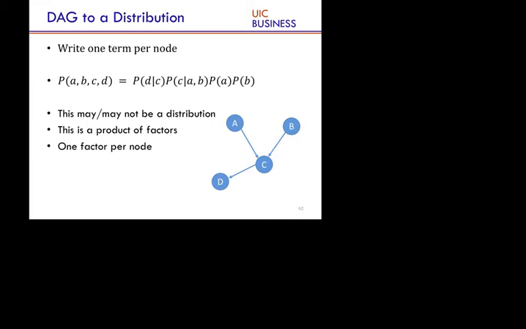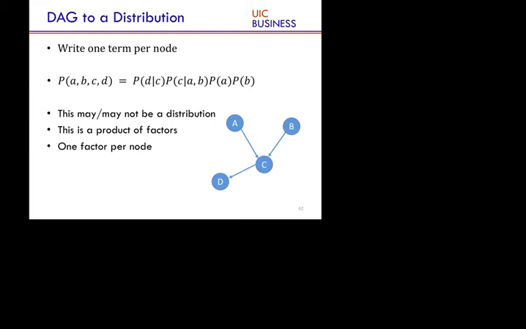I said our algorithm or rule is I'll look at every node in my directed acyclic graph, and for every node I write the node's realization on the left side of my factor and the parents on the right side of the factor. That's why I got 4 factors. Now I'm going to define this product to be equal to the probability of A, B, C, D, with random variable A taking value lowercase a and so on.